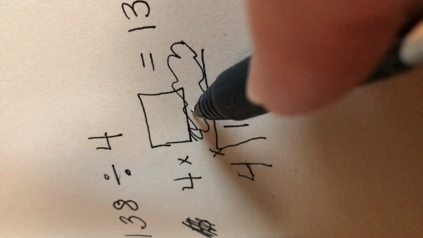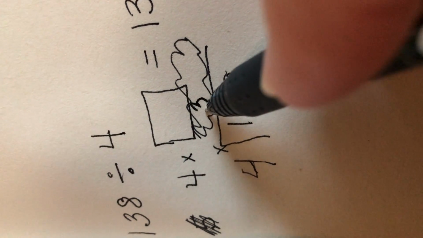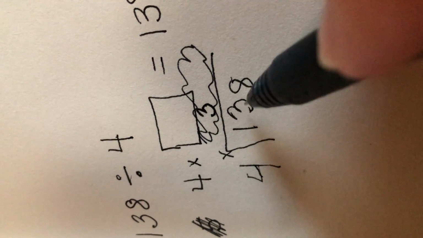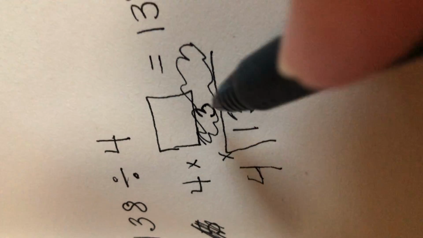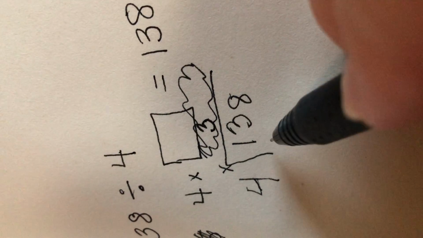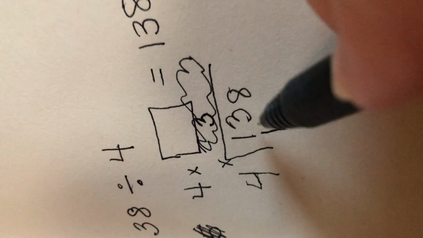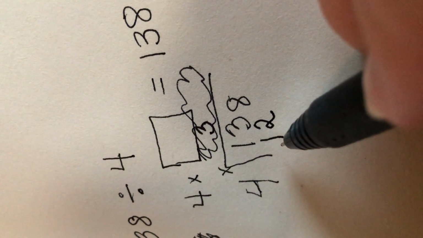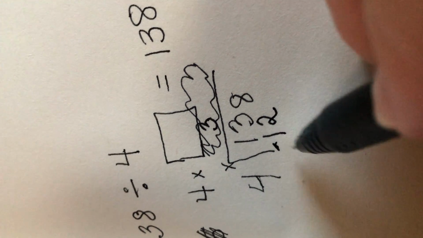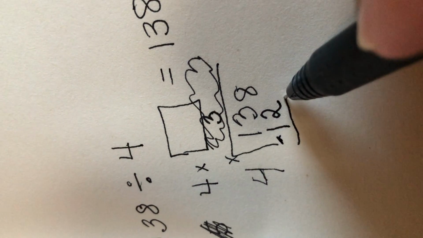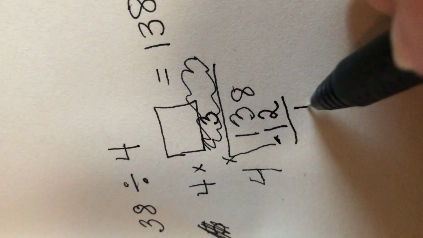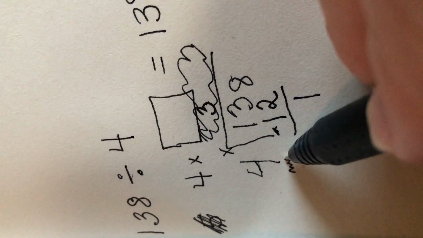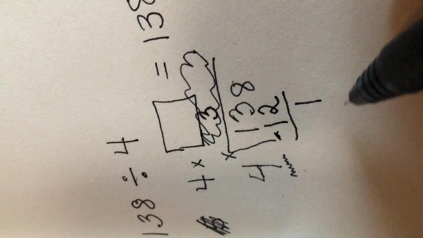So if I put that 3 up here, 4 times 3, that one will get me close to the 13 part of it. So 3 times 4 is 12, and I'm going to write that 12 right under the 13 part, because that's the only part I'm looking at right now. And then just like before, I'm going to subtract it. And I have 1 left over, which is good. I always want to have less than whatever this number is out here.